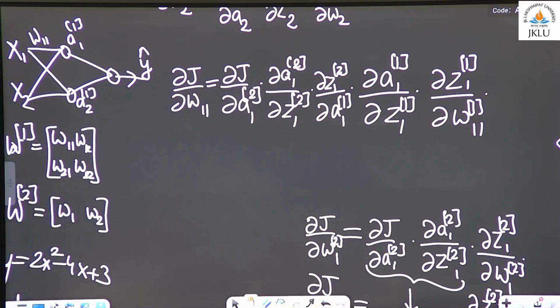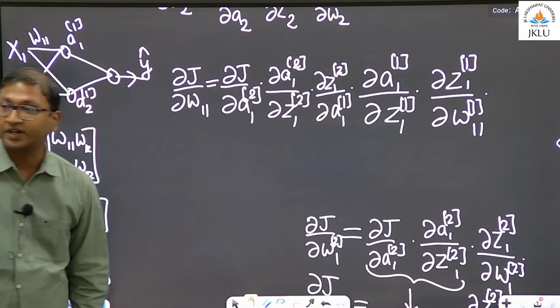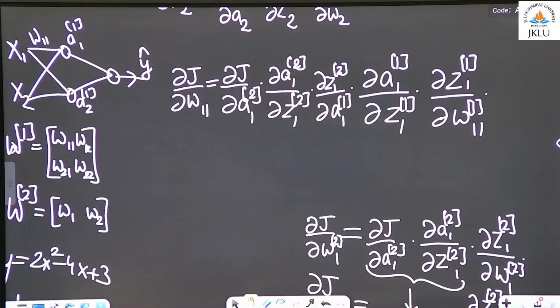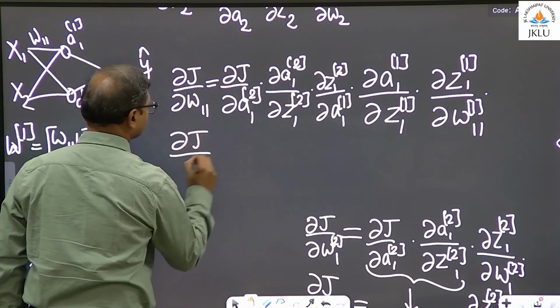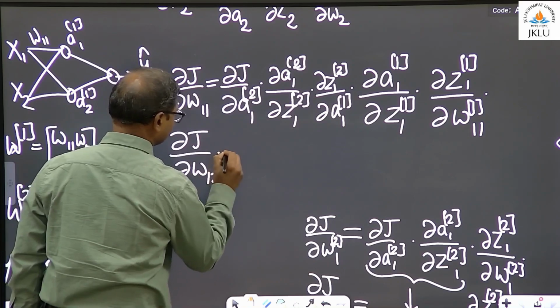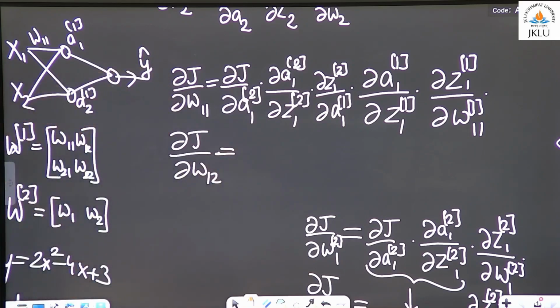Is this fine? How many such equations will you have? 4 such equations, right? Where will they differ? You have to tell me how this one will look. Which part will be common? So, W12 is which one? X2 to A1.